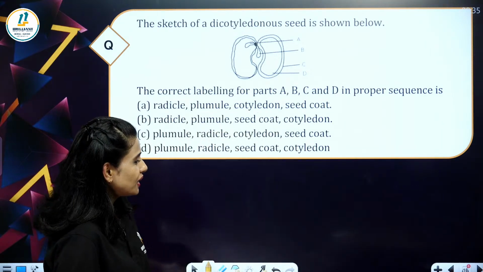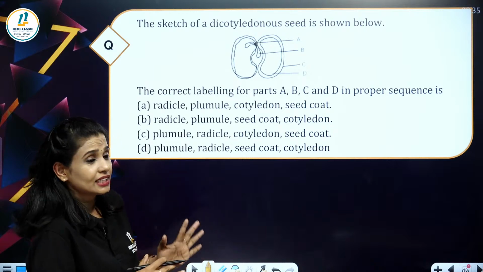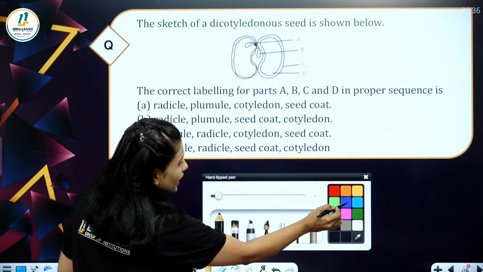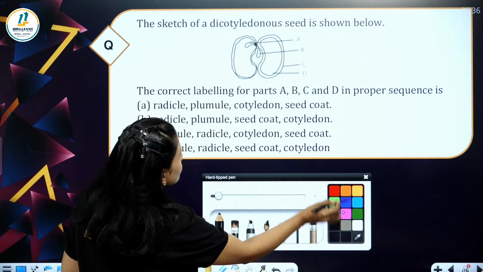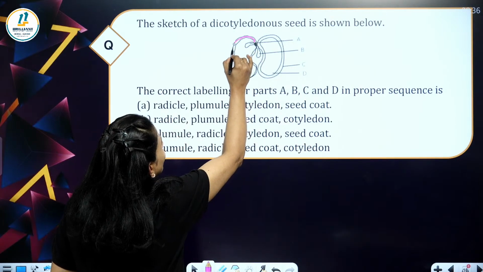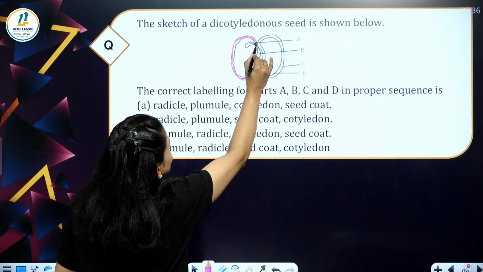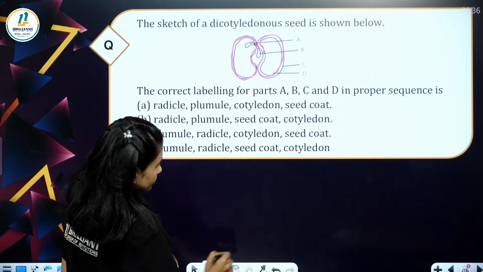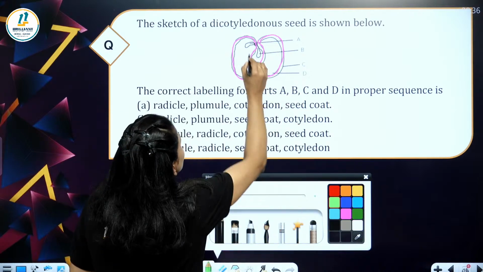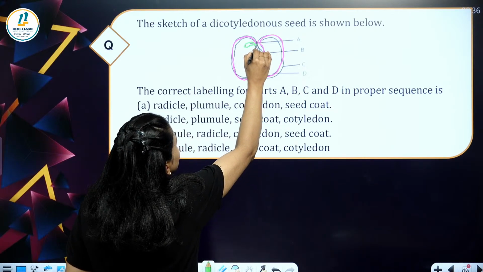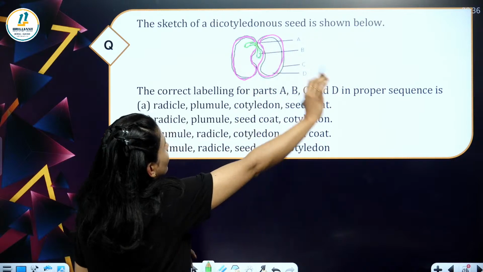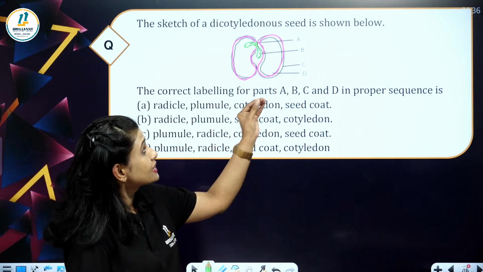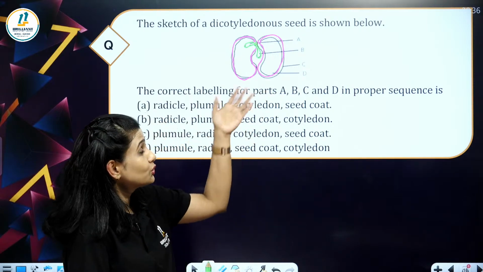Okay, let's do the next one. Next question. Here is a diagram in front of you. I will highlight it so that you can see properly. The sketch of a dicotyledonous seed is shown below.